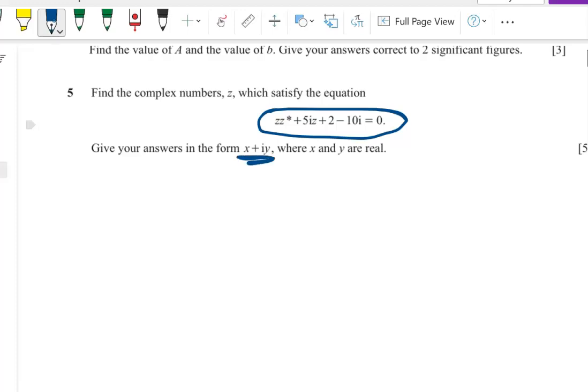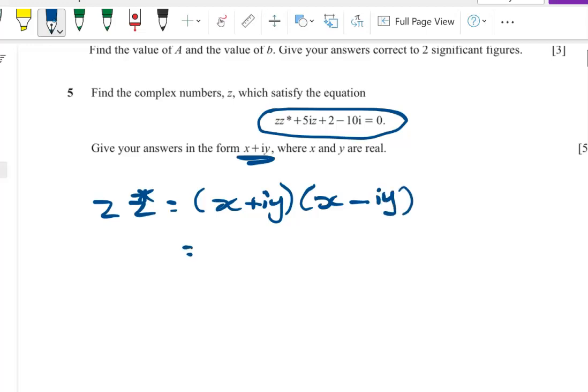So we might just start by working out that z times z conjugate is going to be x plus iy. Oops, I really should use the right notation. There we go, x plus iy times x minus iy, which gives me x squared plus y squared.